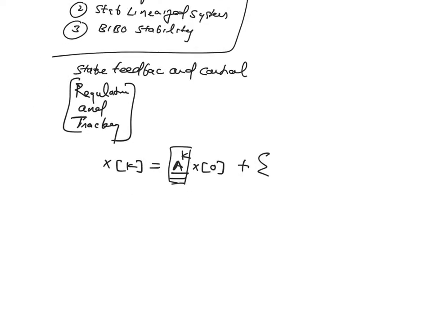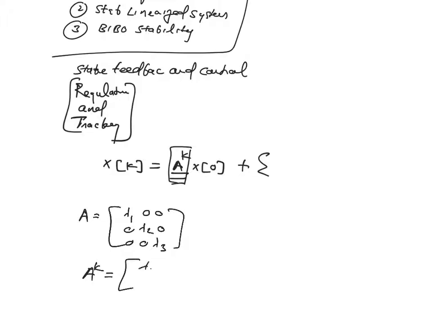For example, if A is diagonal with lambda 1, lambda 2, lambda 3, and I take A to the power k, it becomes diagonal with lambda 1 to the k, lambda 2 to the k, lambda 3 to the k.